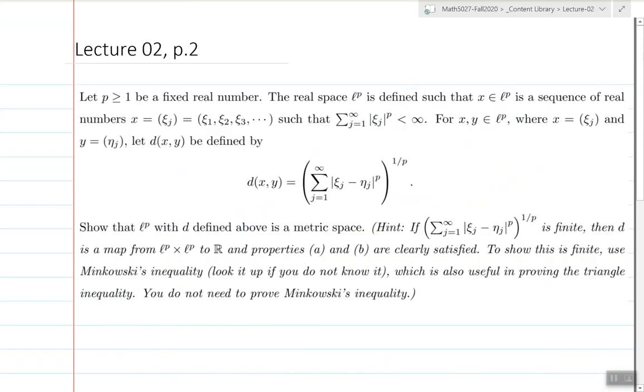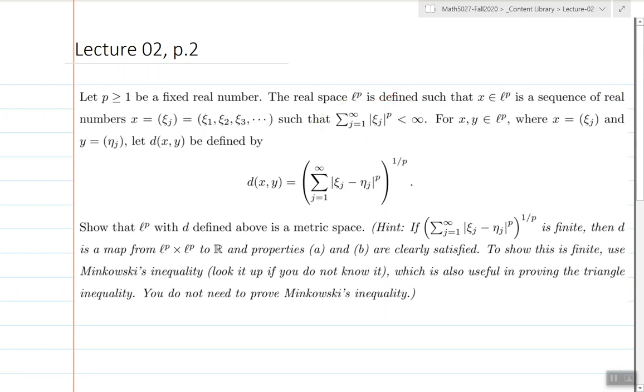This is the little LP space. I mentioned little LP in talking about that previous example. These are also sequences. An individual point is a sequence, but it has some sort of summability requirement. Now, in order for this to be the case, the sequence that I just circled actually has to have the property that it converges to 0.